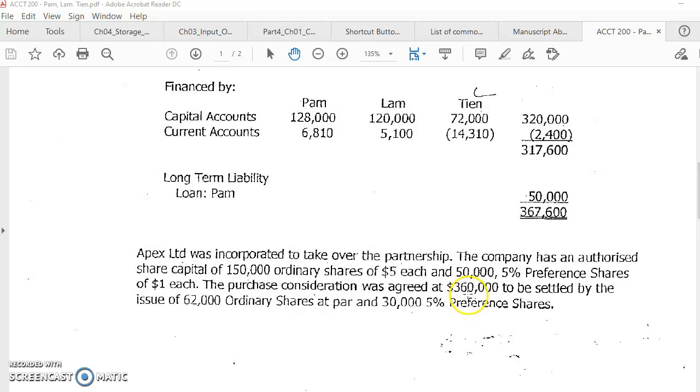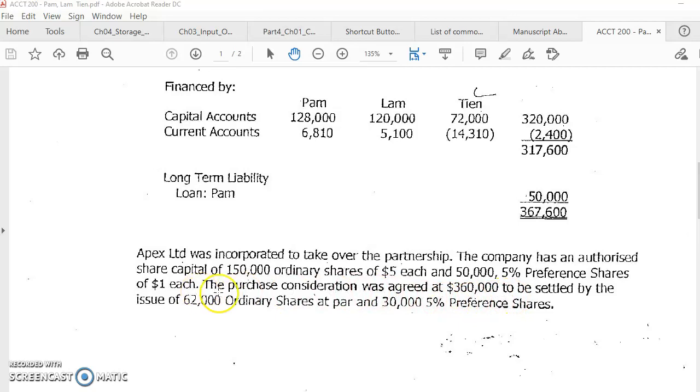And we stated that Apex Limited can opt to pay cash, they can opt to issue shares, also debentures or loan notes, in order to settle or pay for the business.